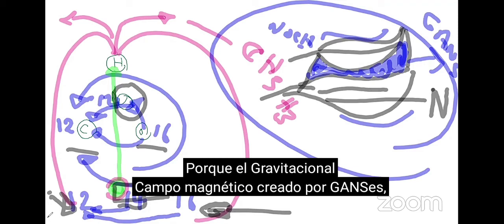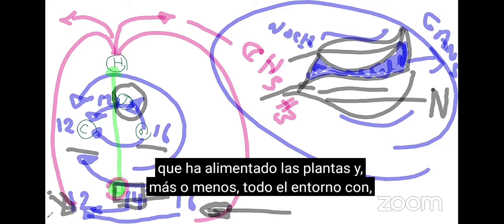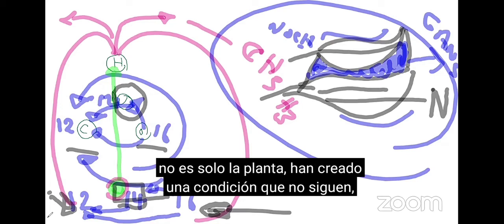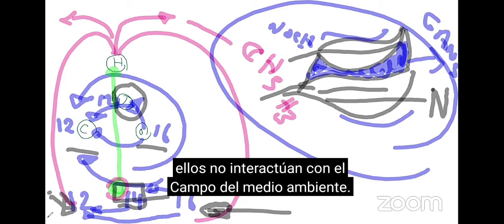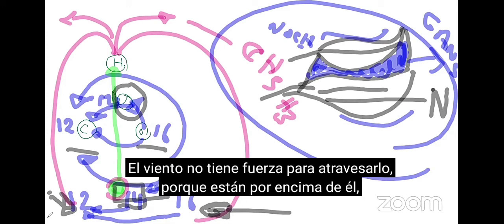Because the gravitational magnetic field created by the ganses, which has fed the plants and more or less the whole environment, created a condition where they do not interact with the field of the environment. The wind has no strength to blow through it because they're above it.